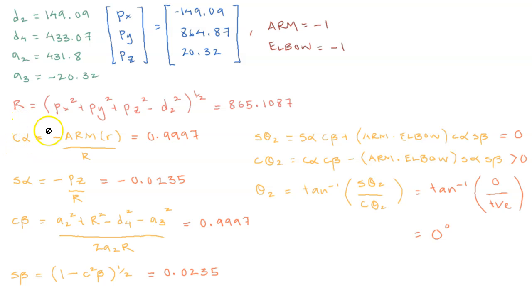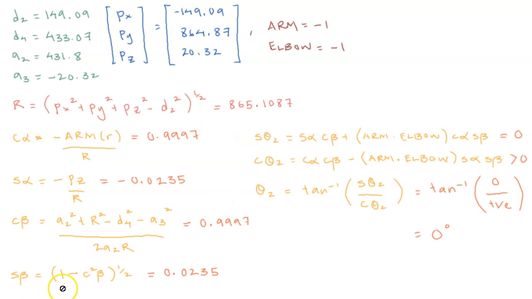By substituting the P value and D2, we can compute R. So we have 865.1087, cos alpha 0.9997. Please make sure in your calculation you write up to maybe 4 decimal places for accuracy. And sin alpha, we obtain minus 0.0235. Then cos beta is the same as this, coincidentally.